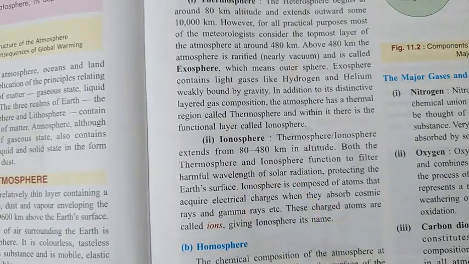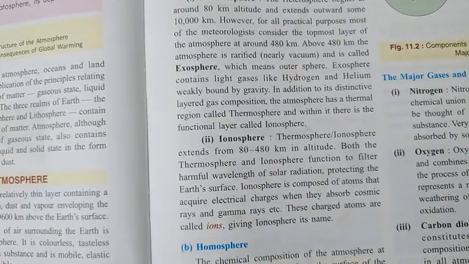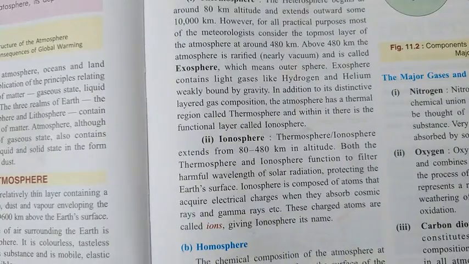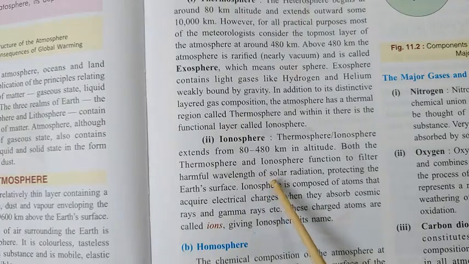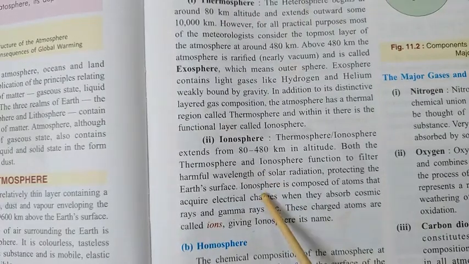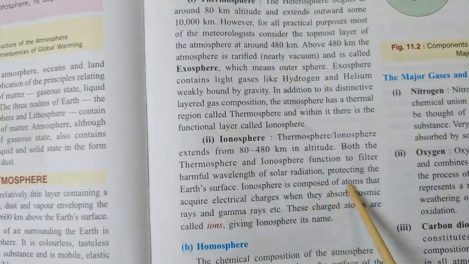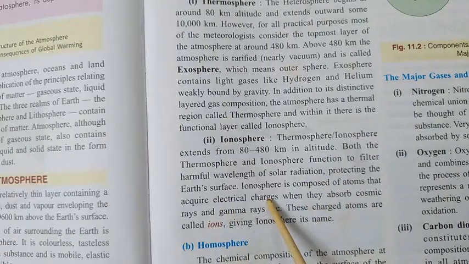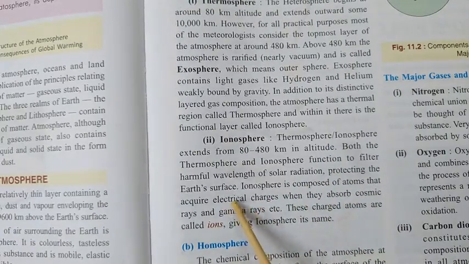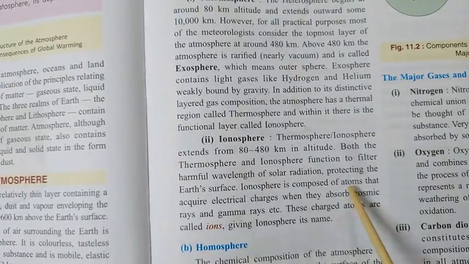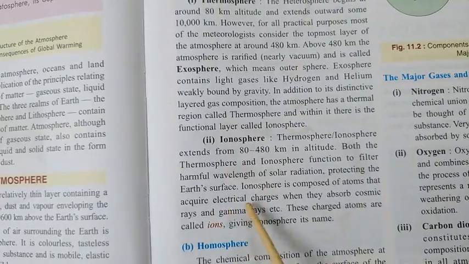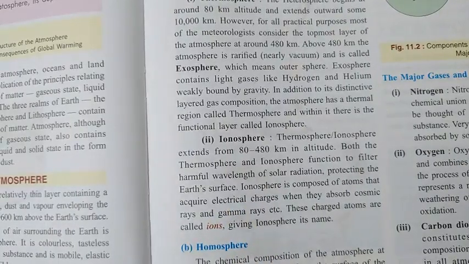I told you there are very harmful, highly radiated solar radiations which can be very harmful. So the ionosphere, which contains atoms that are electrically charged, we call it negatively charged, acts as a reflector.